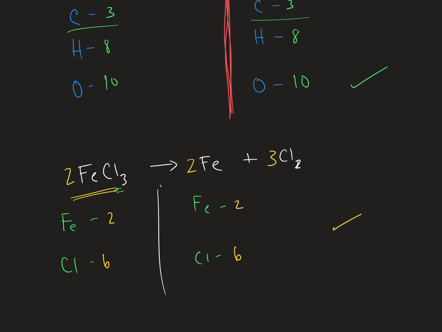I guess my question is, theoretically, the coefficient 2 in front of Fe, 2 Fe, that's the same thing as Fe with subscript 2, right? No, it's not. Why is it not?